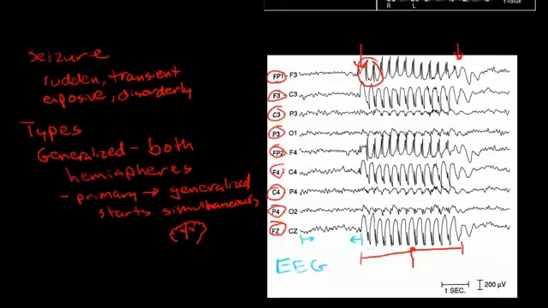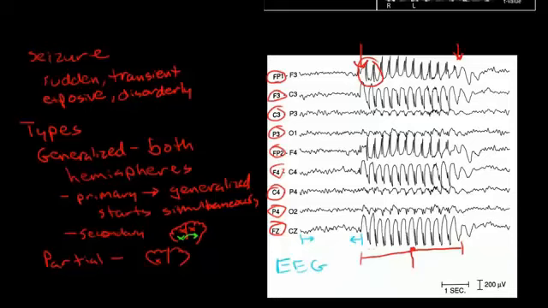Okay? Now, the next type of seizure that I want to talk about is a partial seizure. With a partial seizure, these are the two hemispheres of the brain, it's only going to start in one hemisphere. And it's going to also end in one hemisphere. A secondary generalized seizure, here, let me use a different color, will start in one side and spread to the other side.